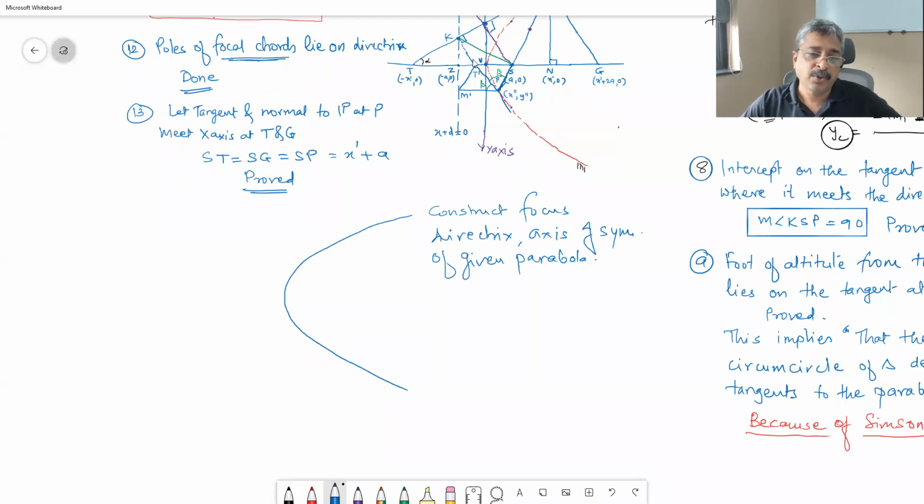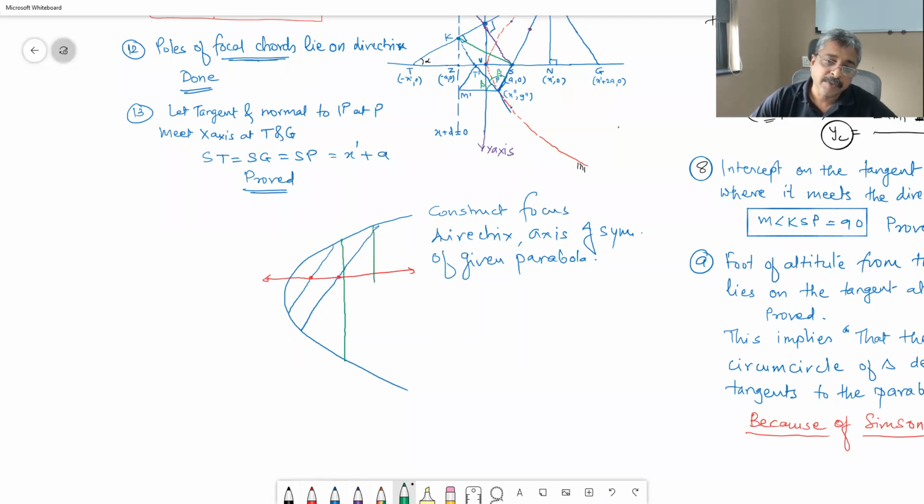This parabola is given to you, so you draw two parallel chords, take their midpoints, and join them. This is one of your diameters, and we know diameters are parallel to the axis of symmetry, and hence you draw two perpendicular chords to this diameter that you got, any two, and then take their midpoints.